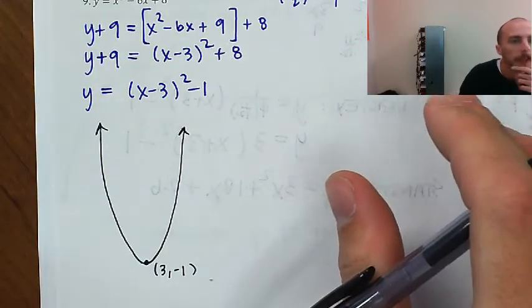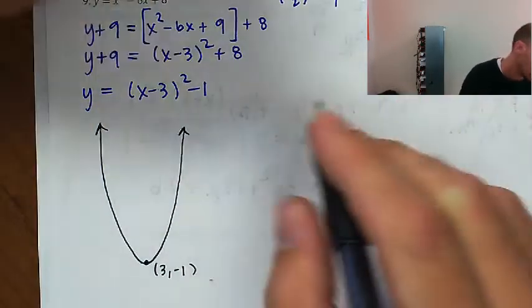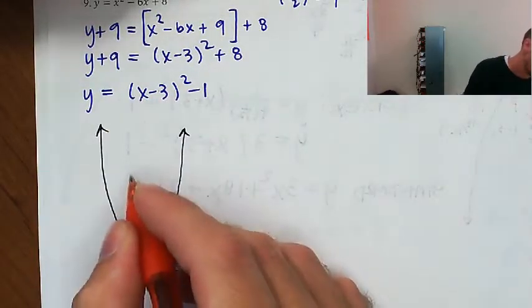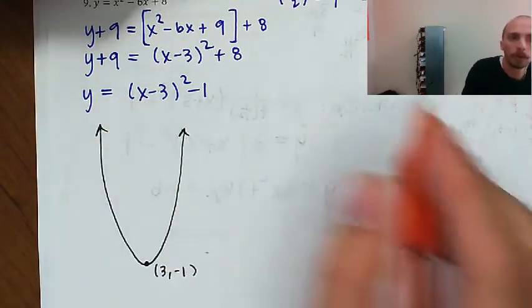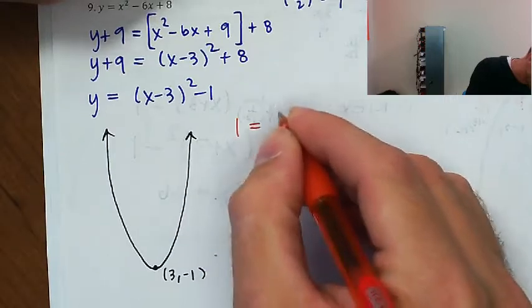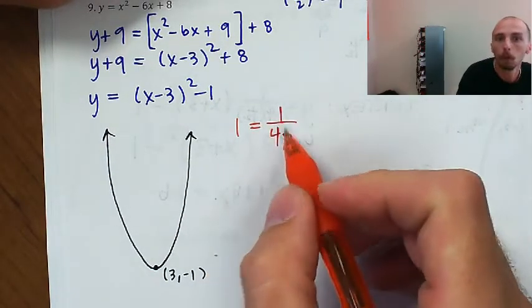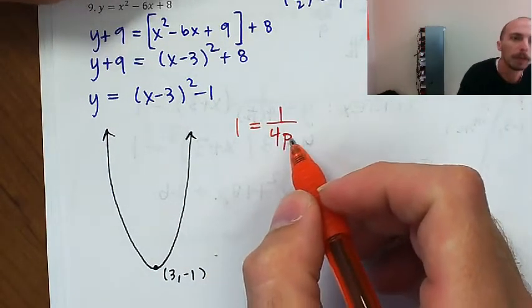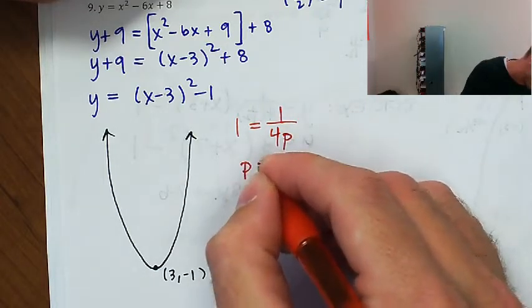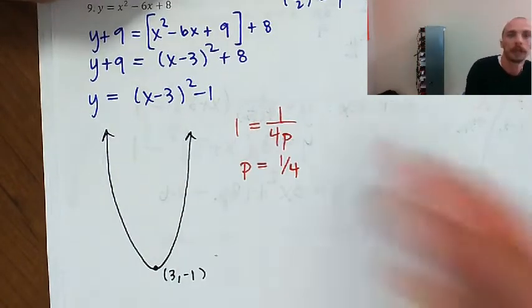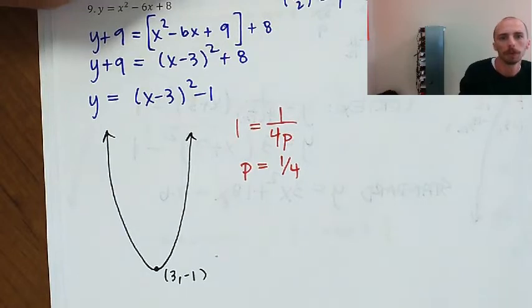And what was I thinking about this one? Okay, so I need to find the distance from the vertex up to the focus. This is just a 1 right here. So 1 equals 1 over 4p. And we know that 1 is 1 over 1, so that means that p is going to need to be 1/4. Or you could say 4p equals 1 if you cross multiply, or multiply both sides by 4p.